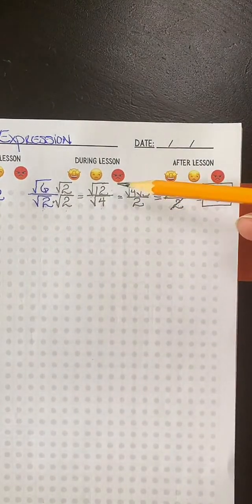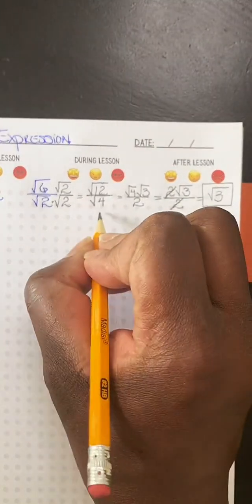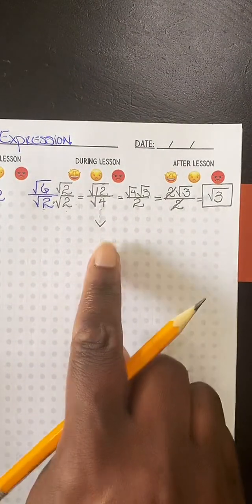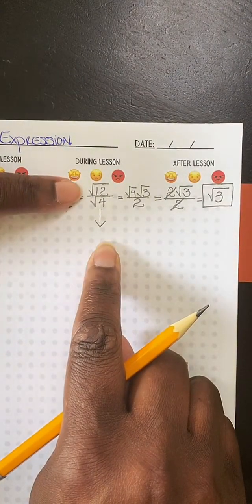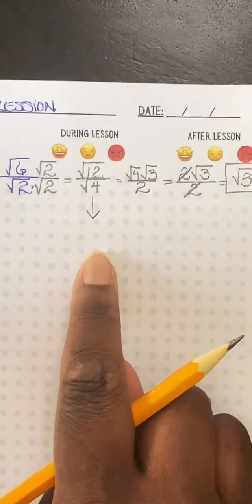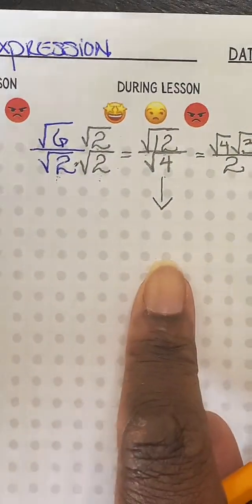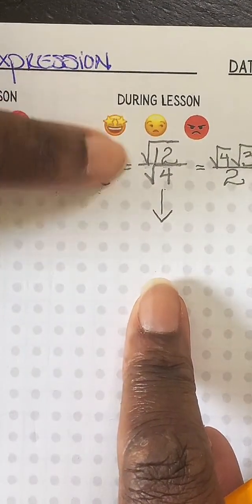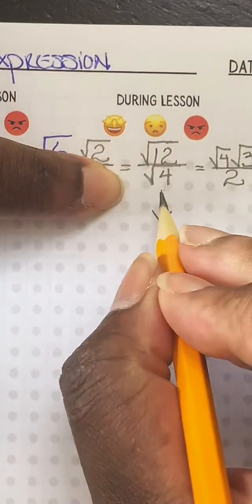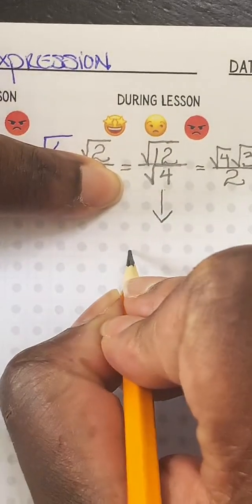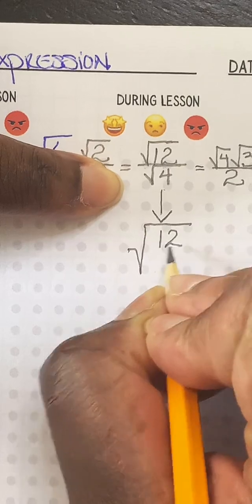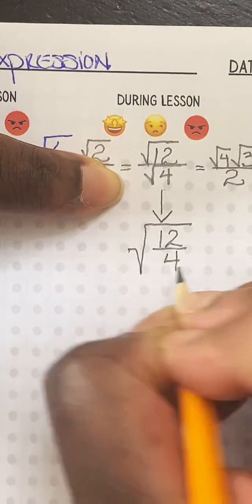Now I know some people could probably say, well, Audrey, right here, you could have done something else. And that something else is, they're both underneath the same radical. Let me zoom. Since they're both under the same type of radical, which is a square root, I could rewrite this as the square root of 12 divided by 4.